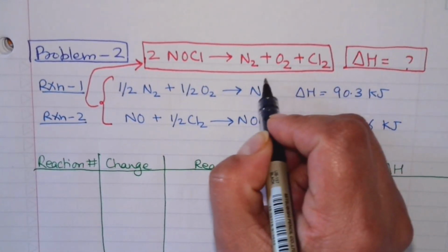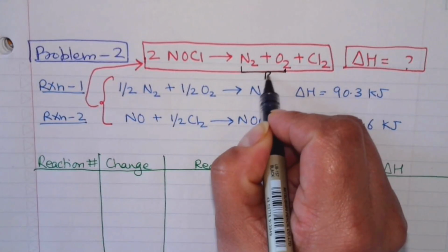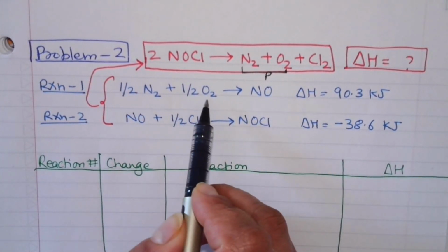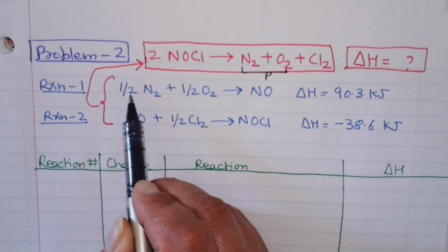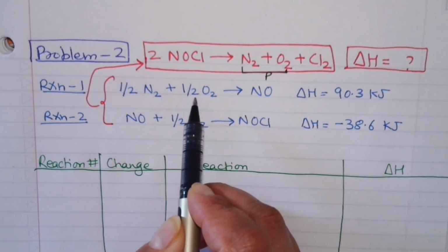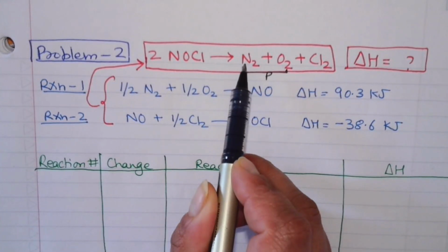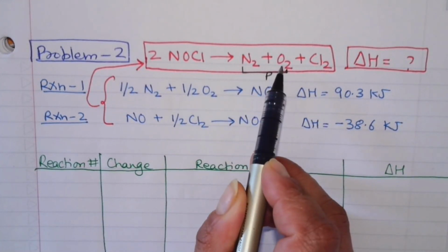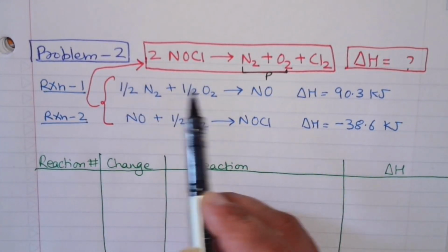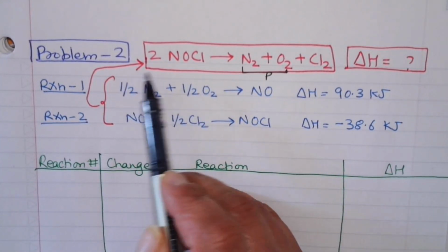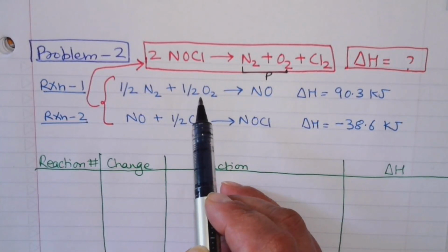So these are the products here. Whereas in the given reaction, reaction 1, they are the reactants, right? And we have half N2 and half O2. But here we have one N2 and one O2. So we need to make them whole, and we also need to make them products, right?